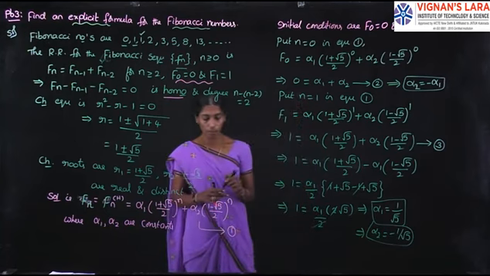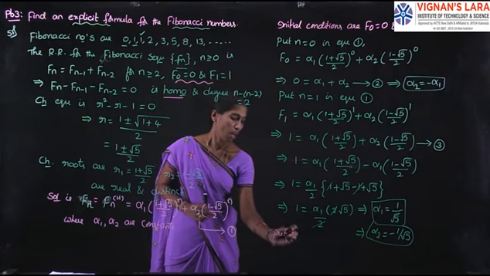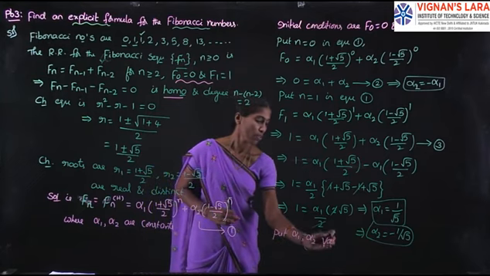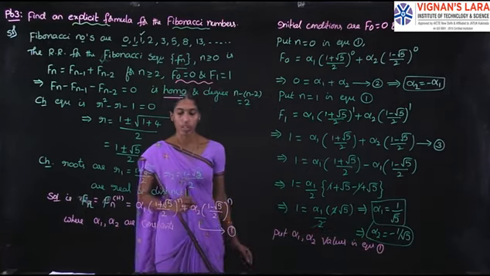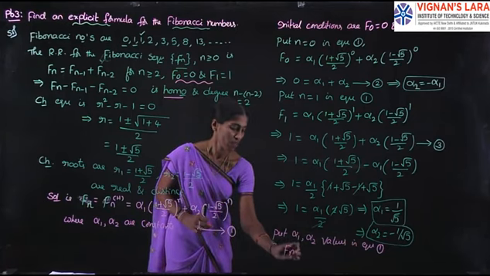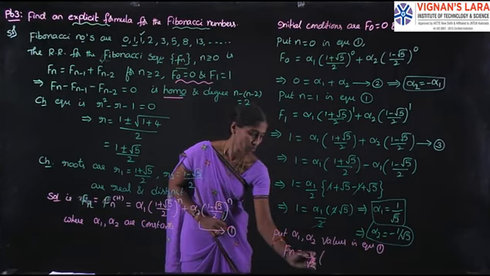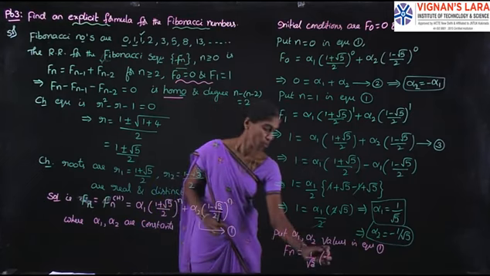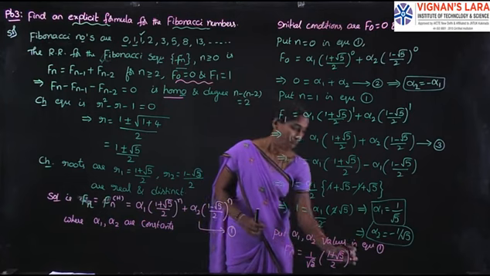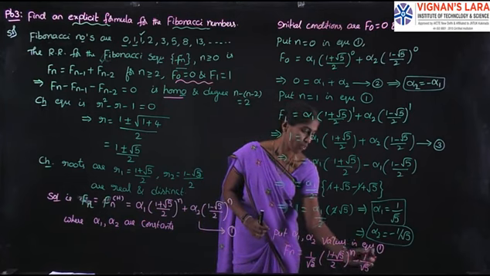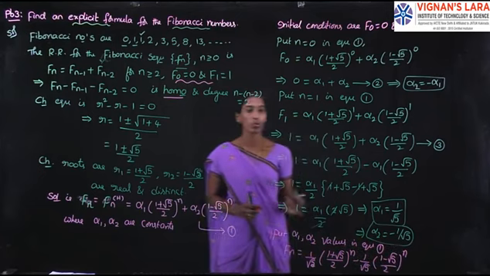Now substitute alpha 1, alpha 2 values in equation 1, and we will get the solution. What is the solution? Fn is equal to 1 by root 5 into 1 plus root 5 by 2 whole to the power n, minus 1 by root 5 into 1 minus root 5 by 2 whole to the power n.